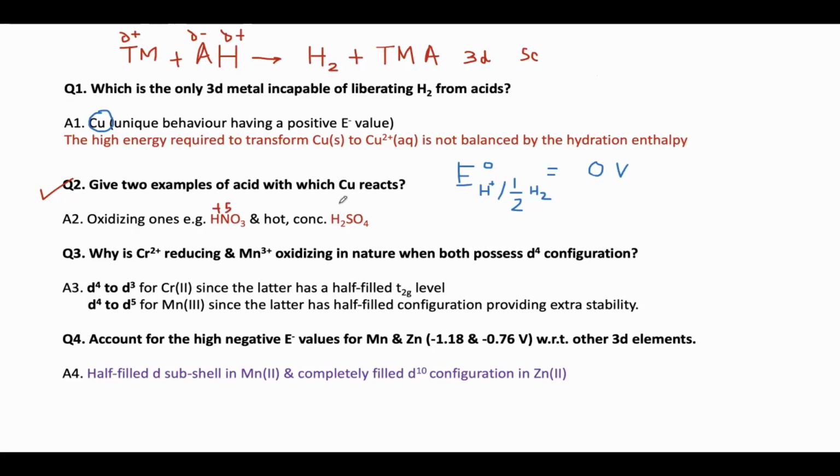And in hot concentrated sulfuric acid, the oxidation state of sulfur is +6. Now you know where the central atom resides in its top oxidation state, it will act as an oxidizing agent. So let's learn this a bit well.